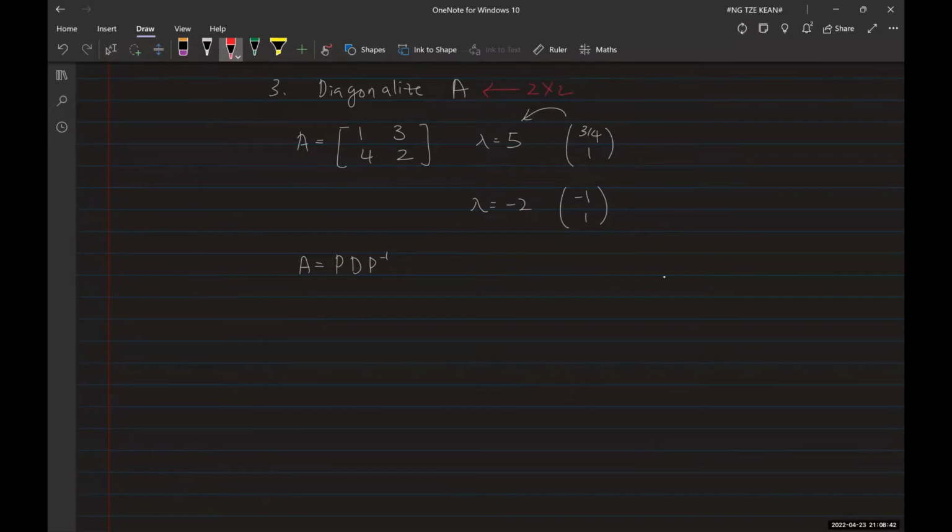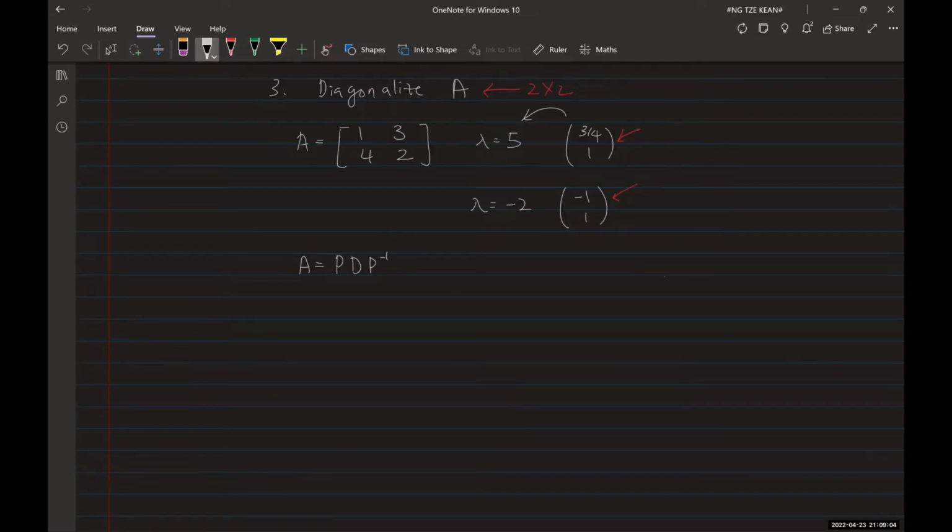It's a 2 times 2 matrix. And to diagonalize A, we need two eigenvectors here, such that they are linearly independent, and such that it forms the matrix P.